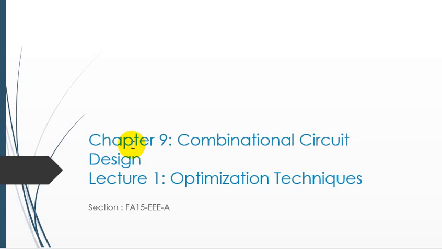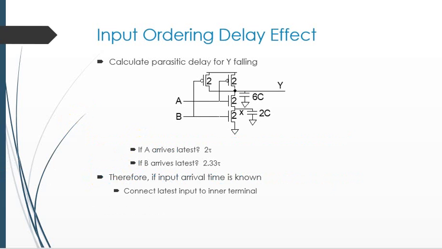In the introduction we are going to discuss some different types of optimization techniques. Firstly we have the input ordering delay effect. The logical effort and the parasitic delay of different gate inputs are often different.